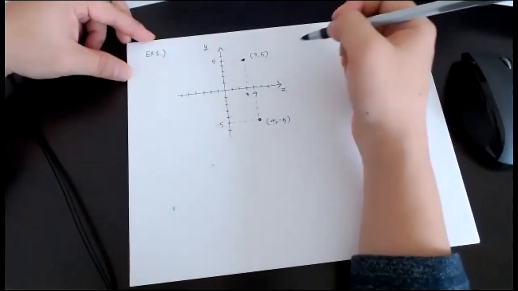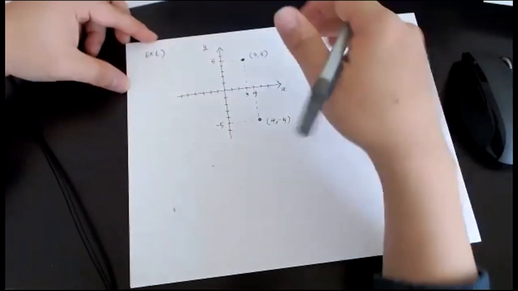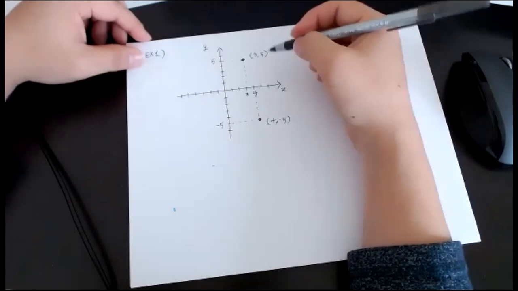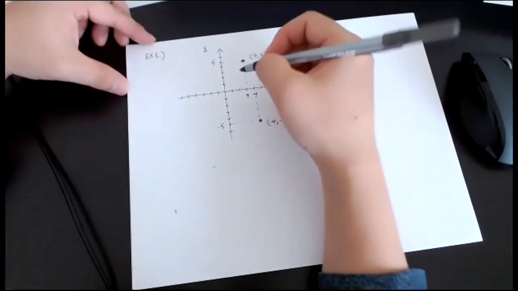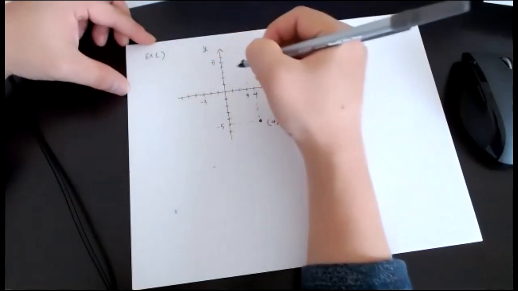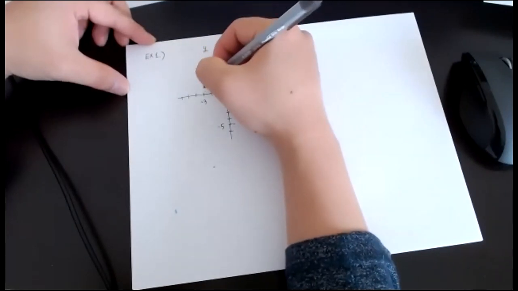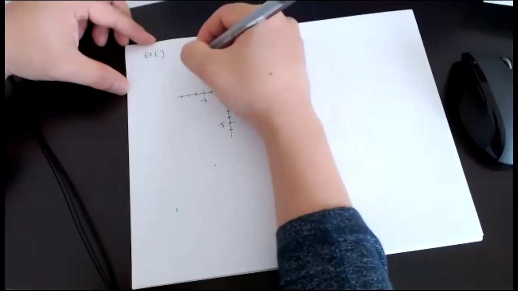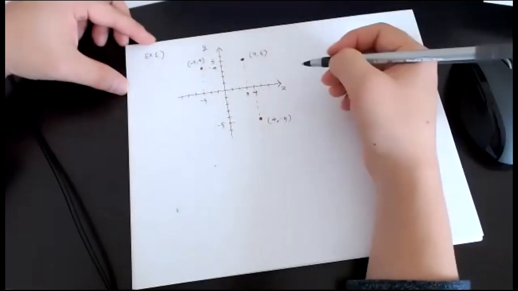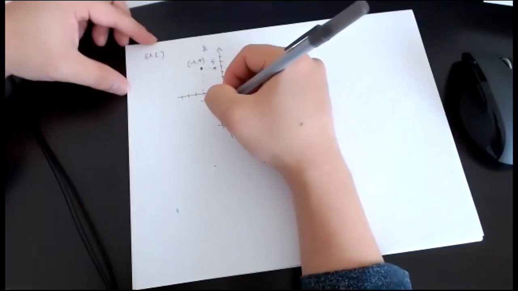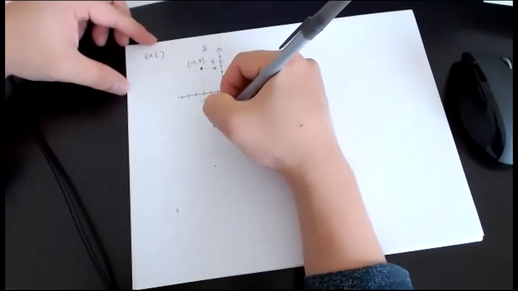So now you know how to plot the points for all the pairs given, right? So (-3,4) is -3, and then 4 right here. So this is (-3,4), and then (-2,-5) is right here.